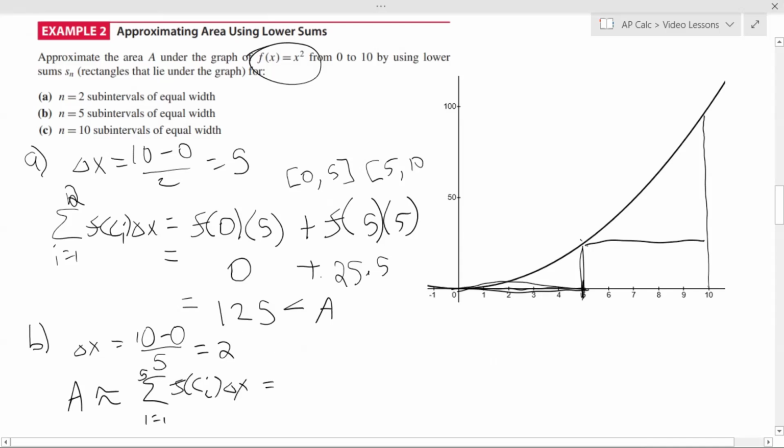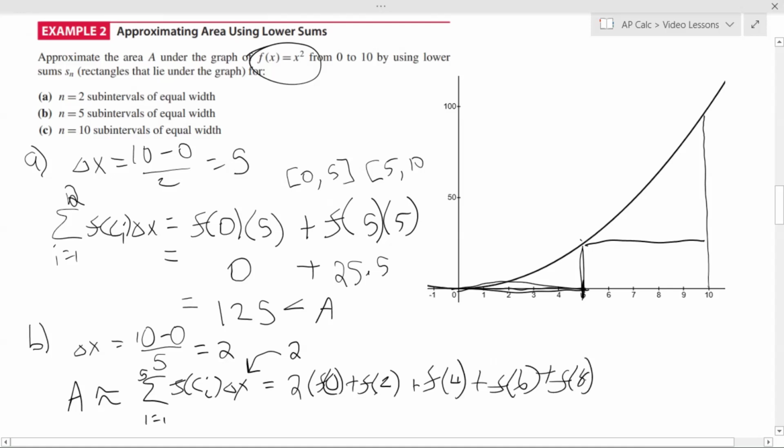I could factor out the delta x, which in this case is 2. So I could do 2 times f of 0 plus f of 2 plus f of 4 plus f of 6 plus f of 8, and that will give me my 5 subintervals. Okay, so it's going to be 2 times 0 plus 4 plus 16 plus 36 plus 64, which equals 240.